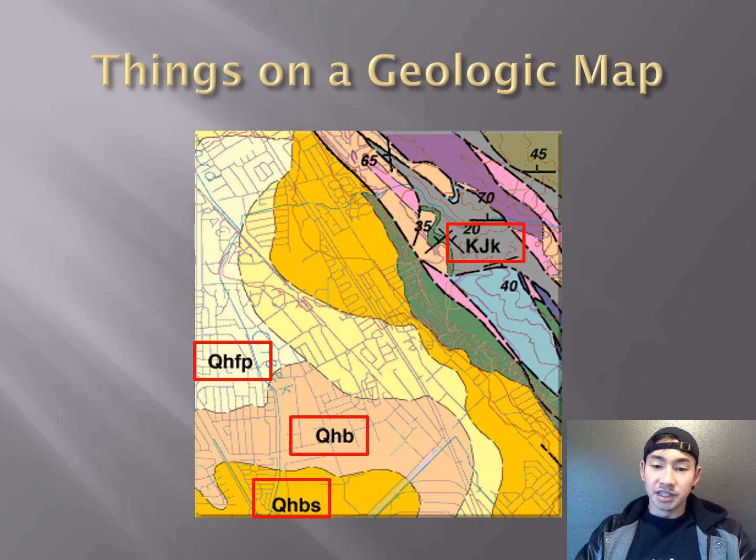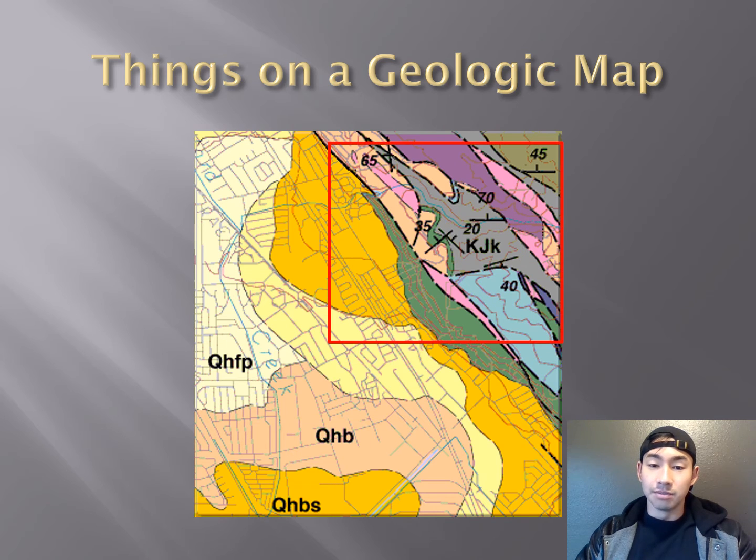The Qs and the Ks usually refer to specific age groups in our geologic time. Afterwards, those usually refer to the type of rock or unit that is being referenced, and that's denoted by the different colors on here. We can see different symbols as well.